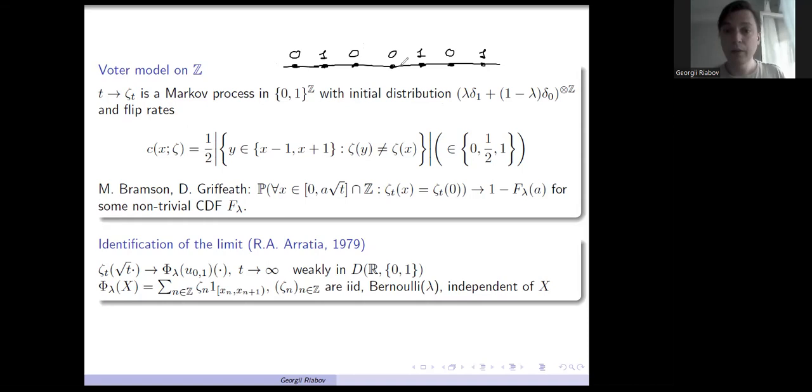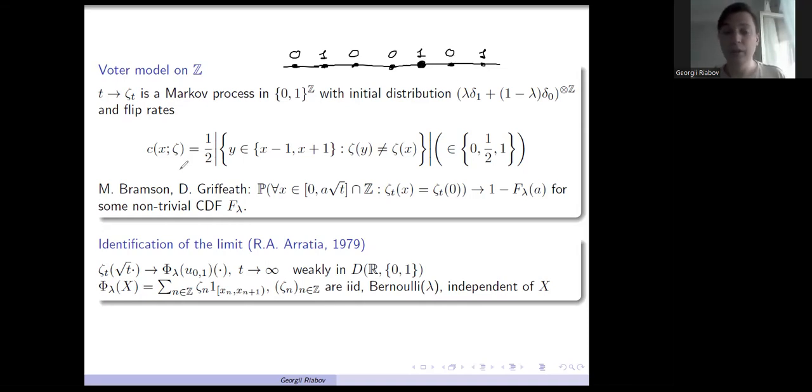So at every integer, we have the rate at which the value at this integer is flipped. And the rate depends on the number of neighbors with different values. So it's like different opinions. For example, if we look at an individual that sits here, he has an opinion 1, but both neighbors have opinion 0.